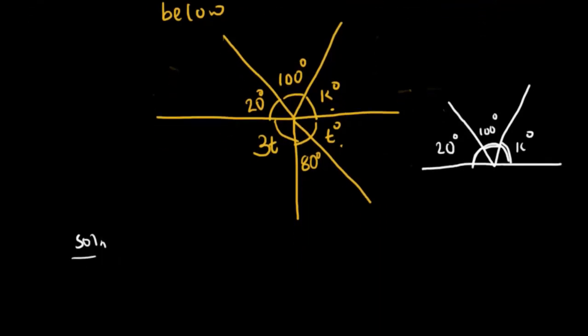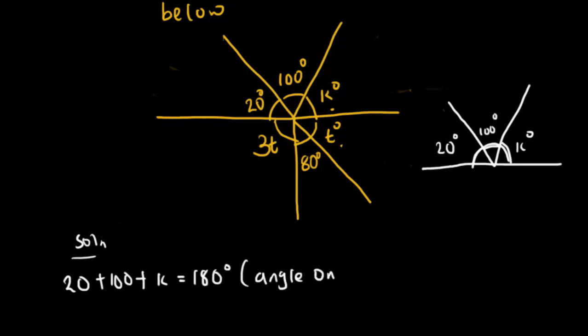So we'll be having 20 plus 100 plus k equals 180 degrees. What's the reason for this? Angles on a line sum up to 180 degrees. Do you understand? 20 plus 100 will give us 120.